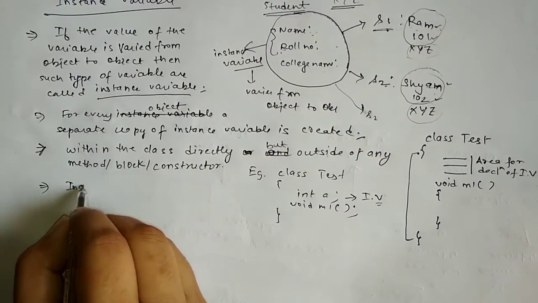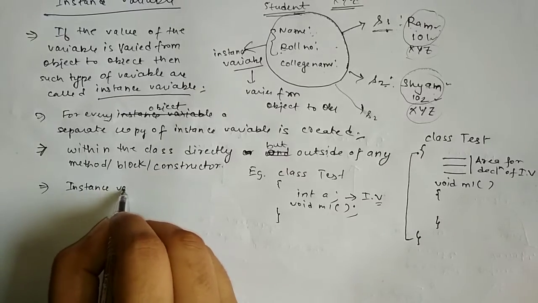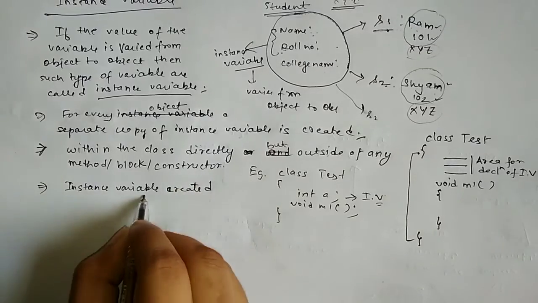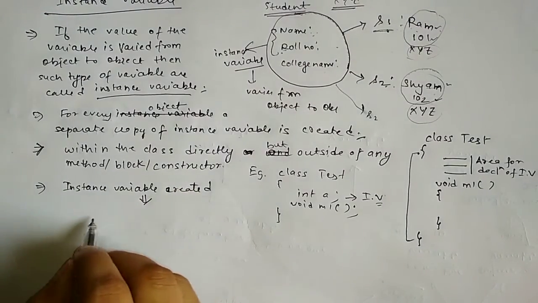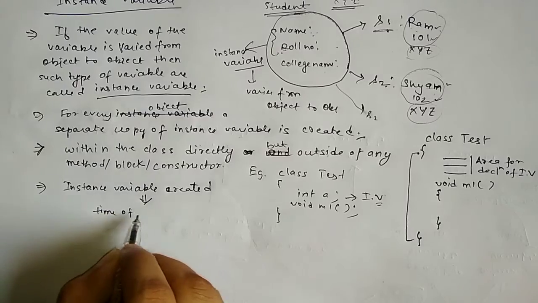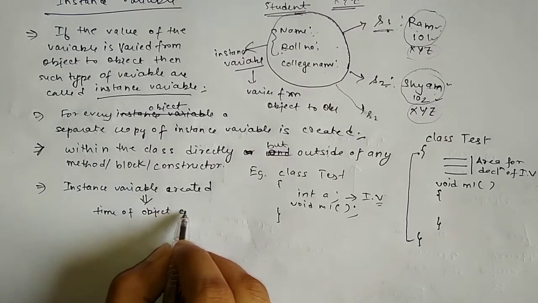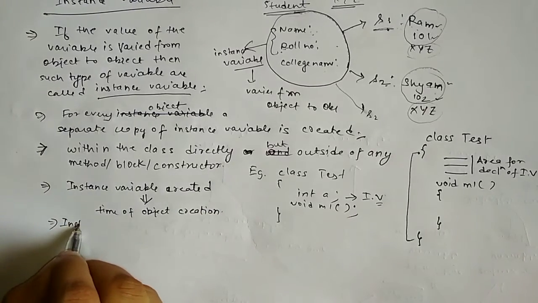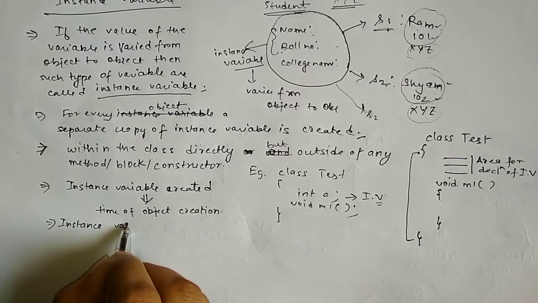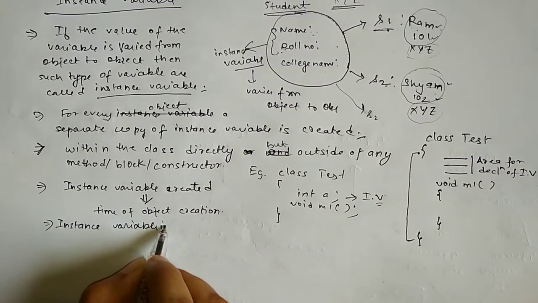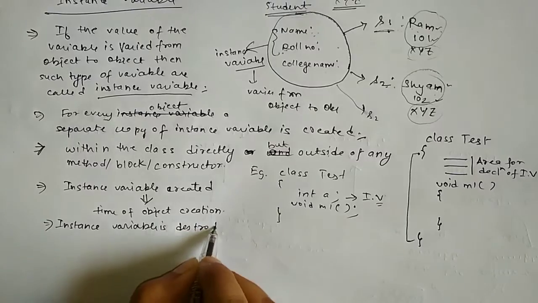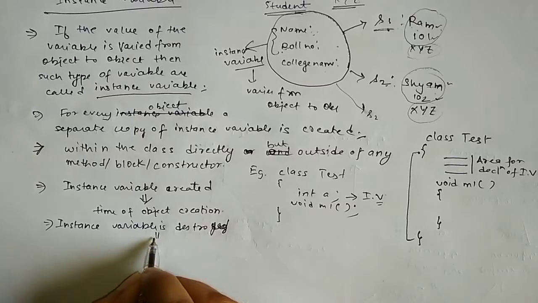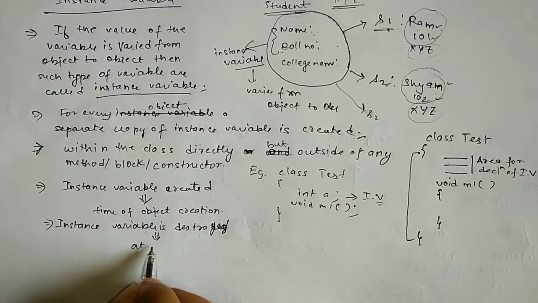So when an instance variable is created, at the time of object creation, and when an instance variable is destroyed, it is destroyed at the time of object destruction.